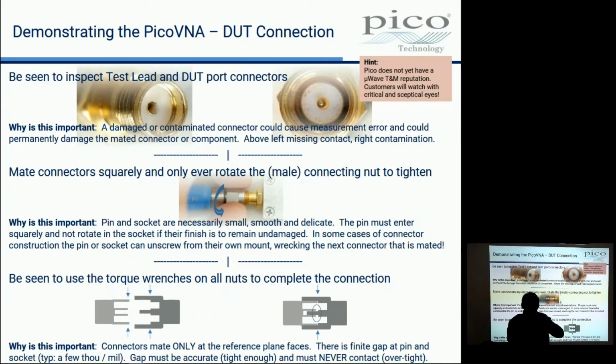And if you tighten too much, we're going to close that gap, and then we're going to move the pin, because it's mounted in plastic, or the socket, one or the other. So we don't want to be doing that. Also, if we don't do them up tight enough, we might not have them contacting together. So these connectors are remarkably precise. The PC3.5, our premium connector, is particularly a precision engineered part, and we need to respect that and be seen to do things up properly.